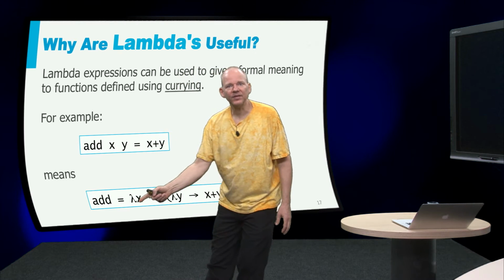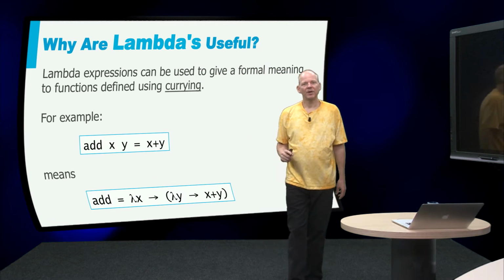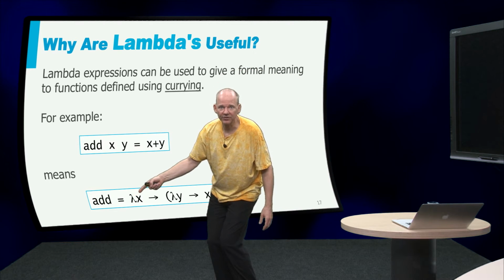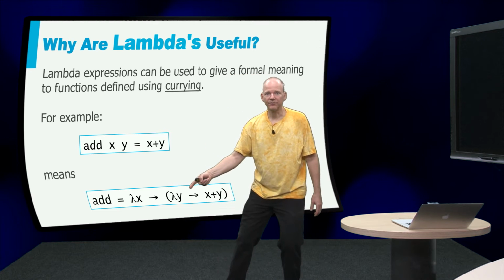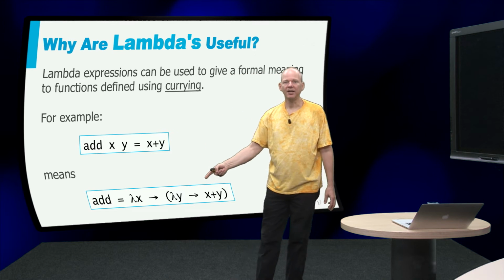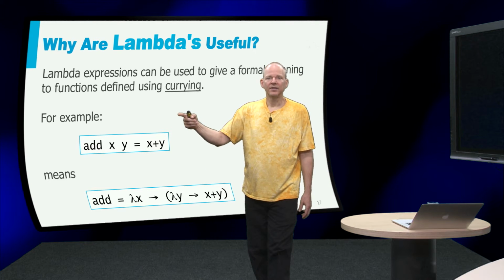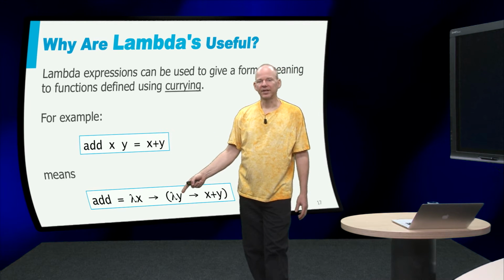Really, the intent is better expressed by this. Add is a function that takes a parameter x, returns a function that takes a parameter y, and then adds them together. Okay? So this is actually syntactic sugar for this.